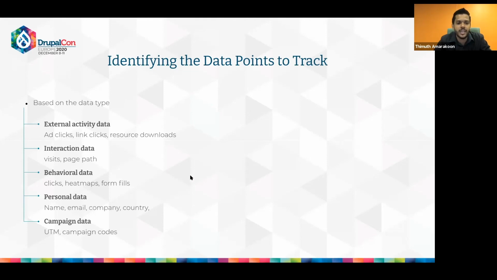And of course, the personal data, the email address, personally identifiable data. And then again, you can look at the campaign specific data as well, like your campaign name, campaign attributes, and how these campaigns are associating with other activities.